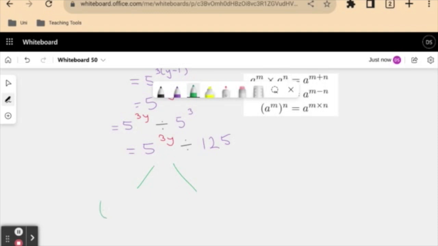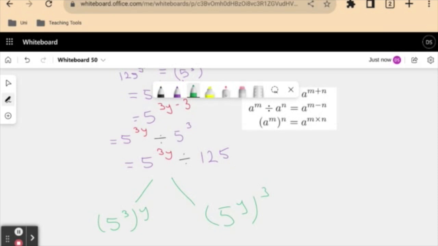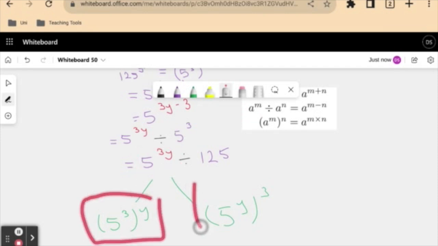So this is like saying either 5 cubed to the power of y, that would give us 5 to the power of 3y, or, well, what's the other case? 5y all cubed. And we can do that because this does not violate our index law here. This is essentially by definition what we can do.